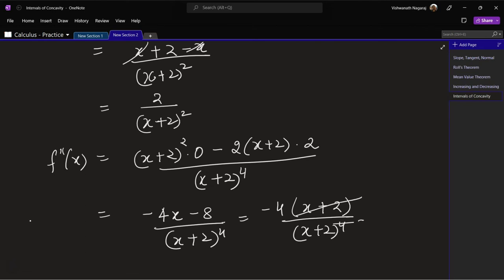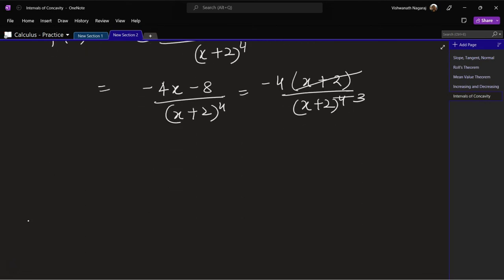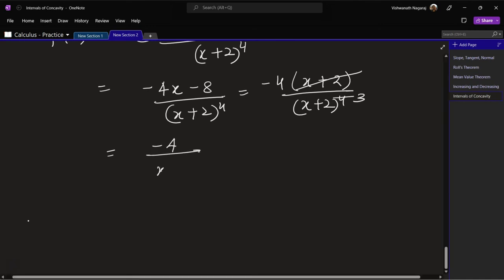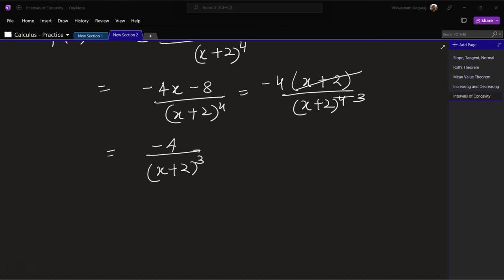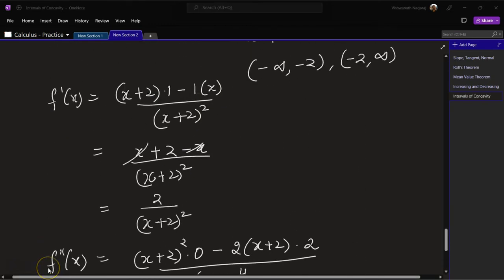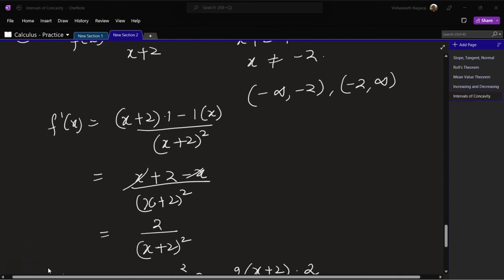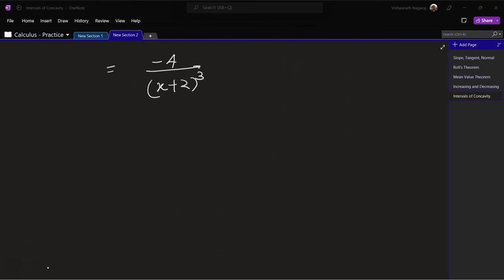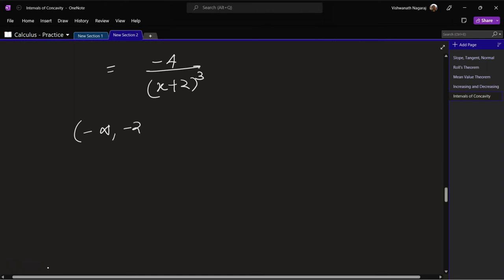So this and this cancel and we end up with the second derivative as minus 4 by x plus 2 cube. Here again, if you notice, if we equate it to 0, x disappears. So the only intervals we have are minus infinity to minus 2 and minus 2 to infinity.